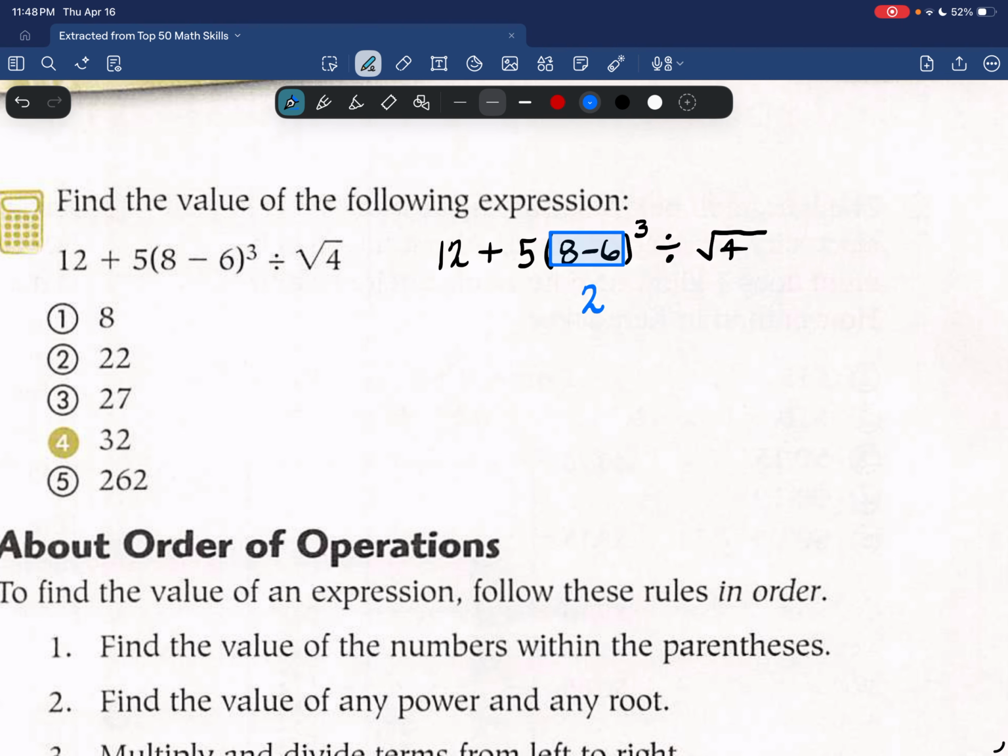Okay, write it down. I do need to keep my parentheses, and here's why. That 5 is pressed up against the parentheses. If I removed that first parenthesis, I would have 52, and I do not want that.